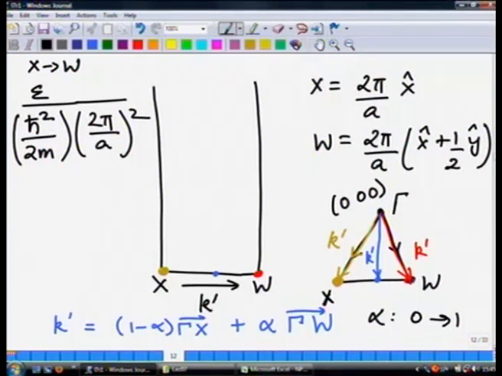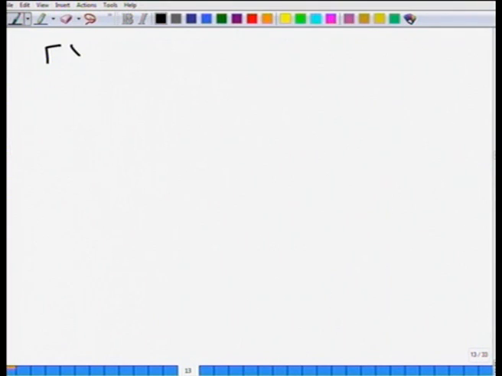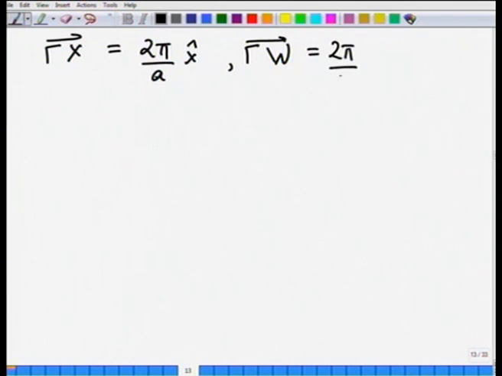So if I now write down my k prime vector, since I know what these are: the gamma to x vector is of course 2 pi by a x hat, and the gamma to w vector is 2 pi by a (x hat plus half y hat), which is just this vector.